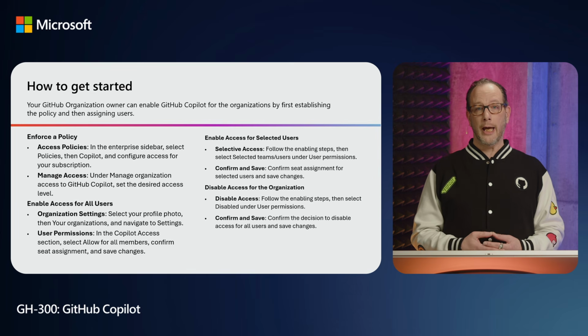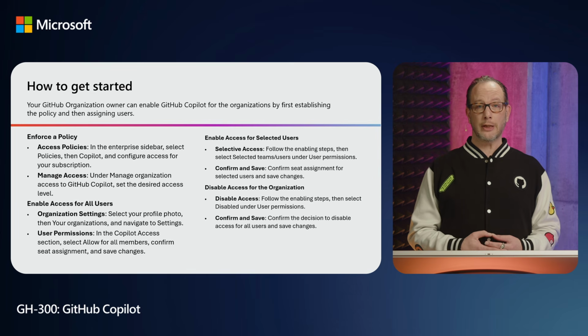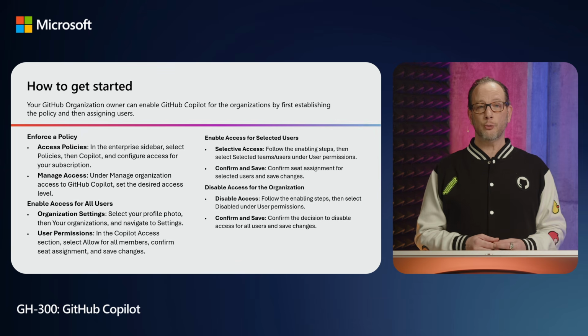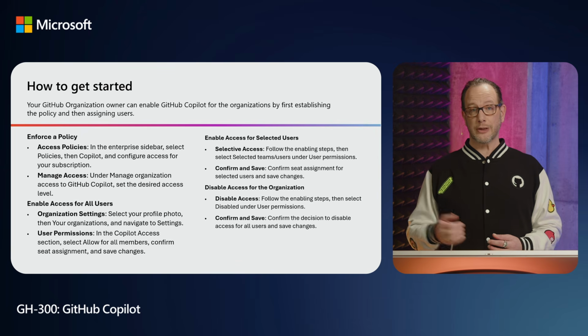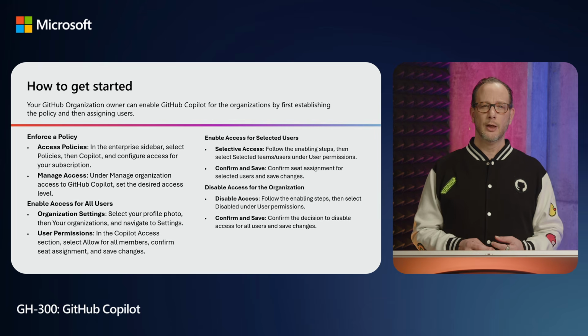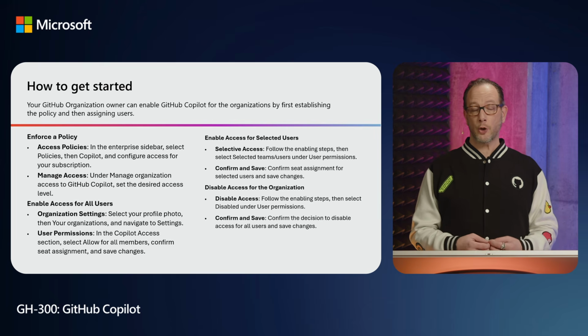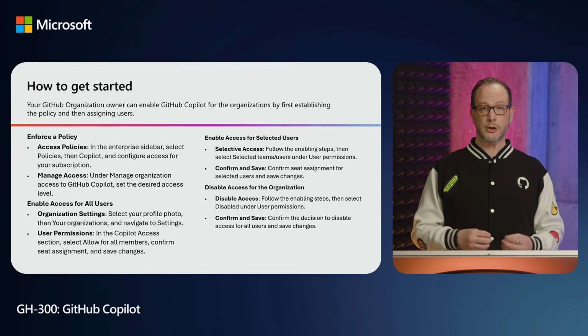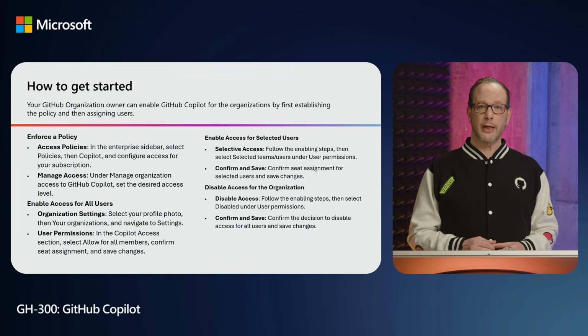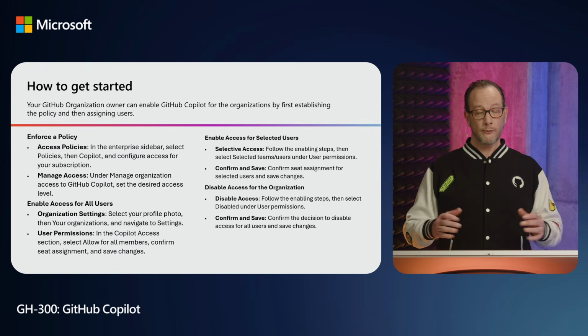Once enabled, access can be adjusted over time as needs evolve. Administrators can fine-tune permissions, enforce policies, and confidently scale usage across teams. This approach ensures that Copilot adoption is intentional and controlled, helping organizations balance innovation with governance from day one.